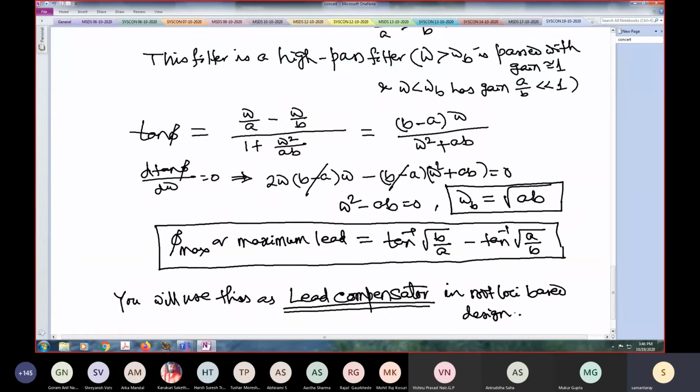And as you know, those things will work as integrator or differentiator when the op amp gain is high. So you take whatever transfer function you derive, take the limit of the op amp gain tending to infinity, and you will find that the result is similar to an integrator or a differentiator. So those things I am not going into. So what you understand, there is something called a lead compensator, which is equivalent to a high pass filter. So these filters can be combined in many ways.